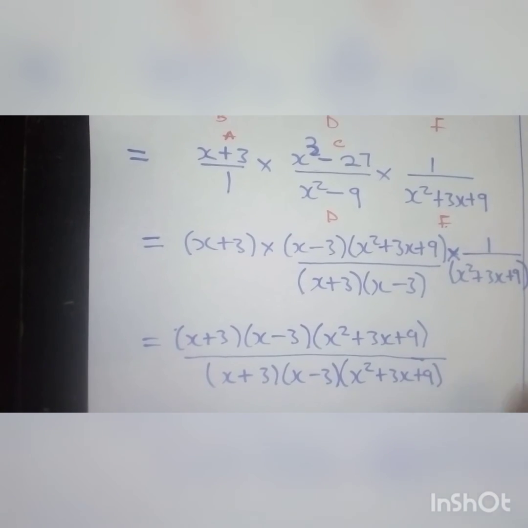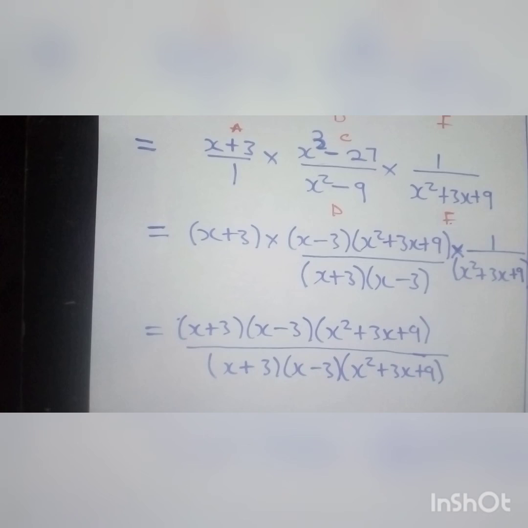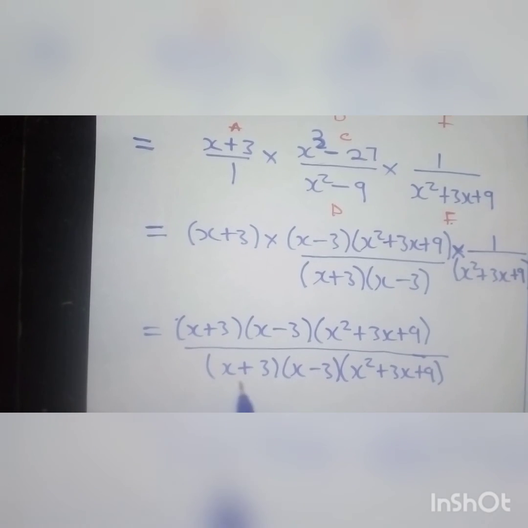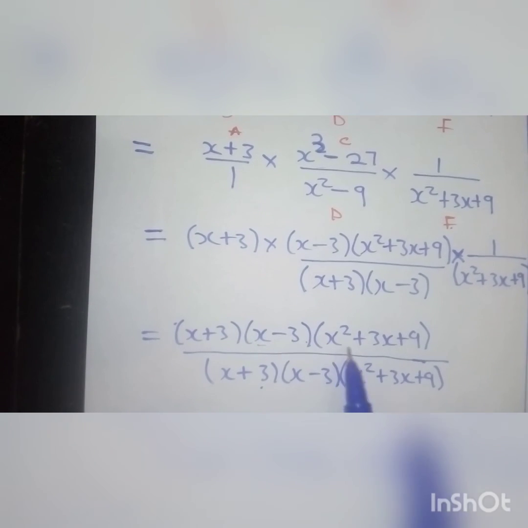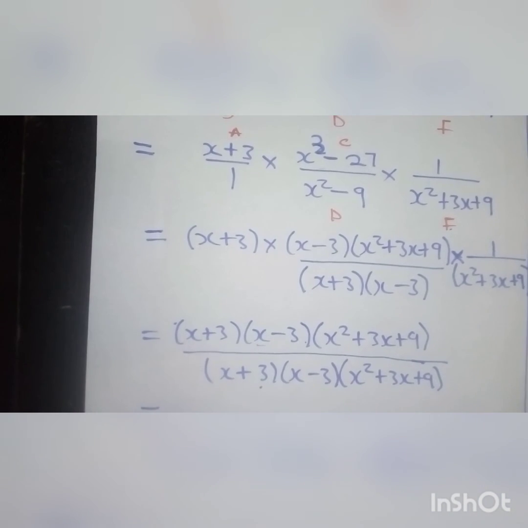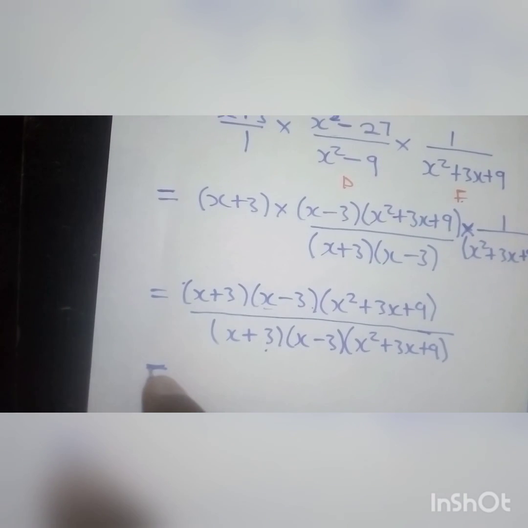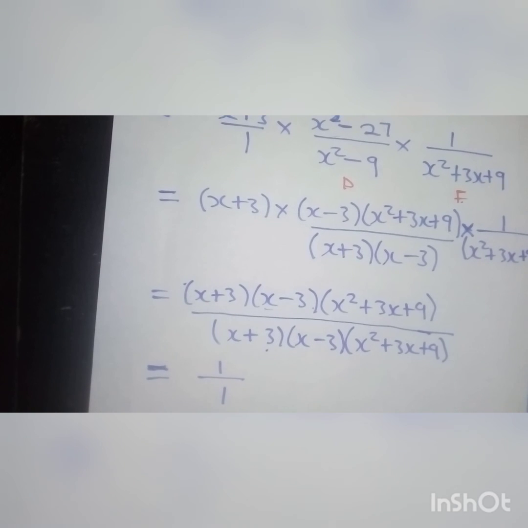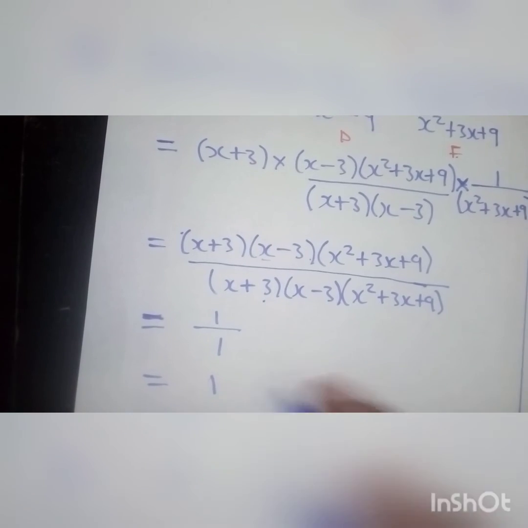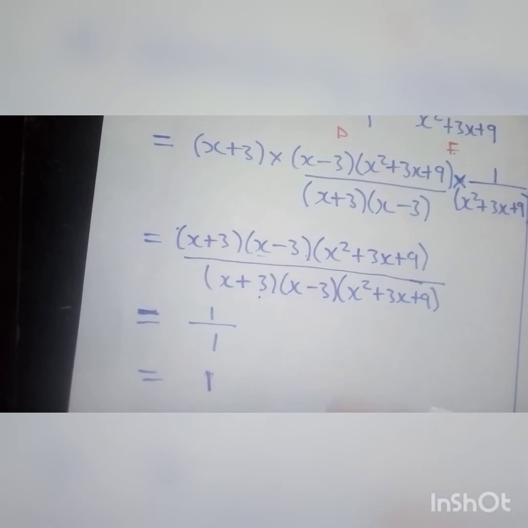This is interesting. x plus 3 divided by this x plus 3, x minus 3 divided by this x minus 3, equals 1. x squared plus 3x plus 9 divided by x squared plus 3x plus 9 equals 1. This is equal to 1 over 1, which is equal to 1. Our final answer is 1 for the given expression here.